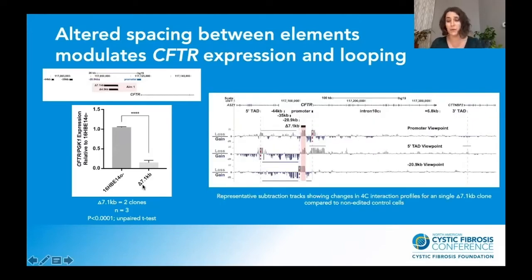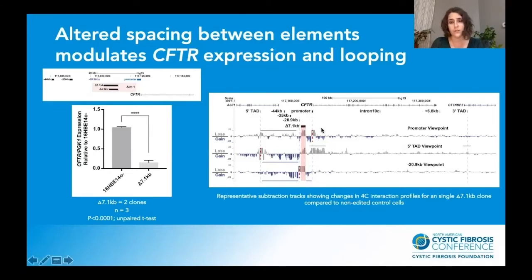And when we take a look at what's happening with the looping in these deletion cells, we can look from 3 different viewpoints and compare the untargeted cells to the deleted cells and look at the changes in the interaction profiles from these viewpoints.